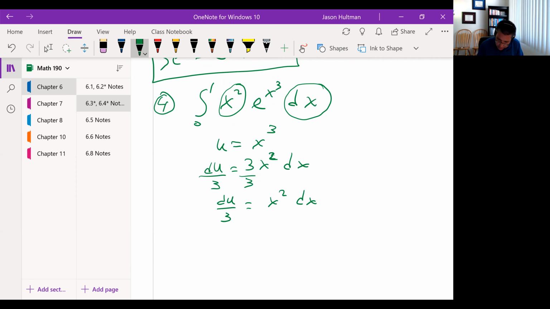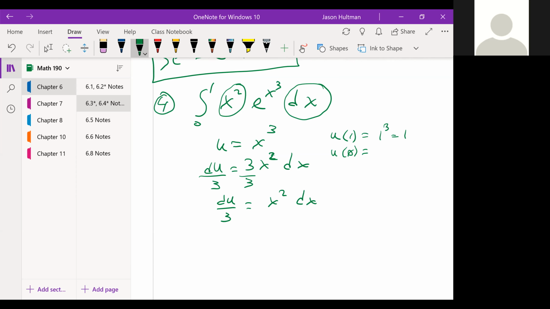Well, sort of. Let's look at our limits of integration. What's u evaluated for 1? Well, isn't that just going to be 1 cubed, which is 1? If I plug 1 in there, don't I get 1 back out? Okay, what about u of 0? 0.